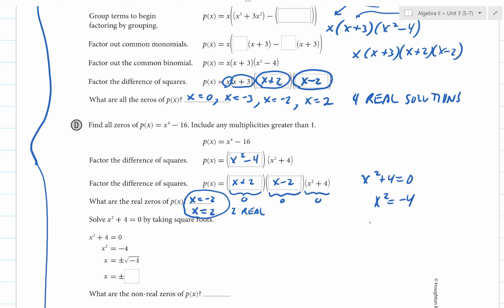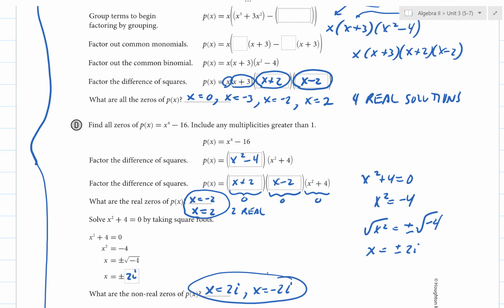If I take the square root of both sides, I have to do plus and minus on one side. And so that gives me x equals plus and minus 2i. So x equals 2i and x equals negative 2i are our 2 non-real solutions, or non-real zeros.